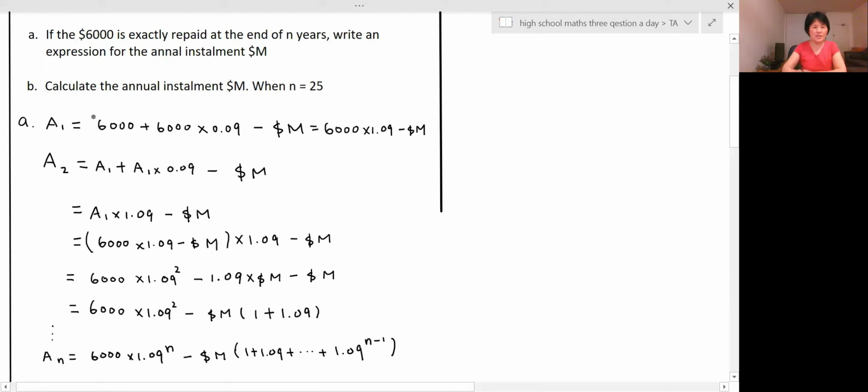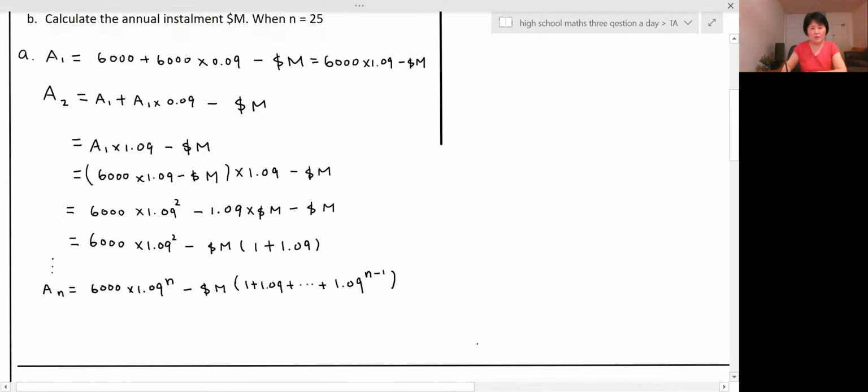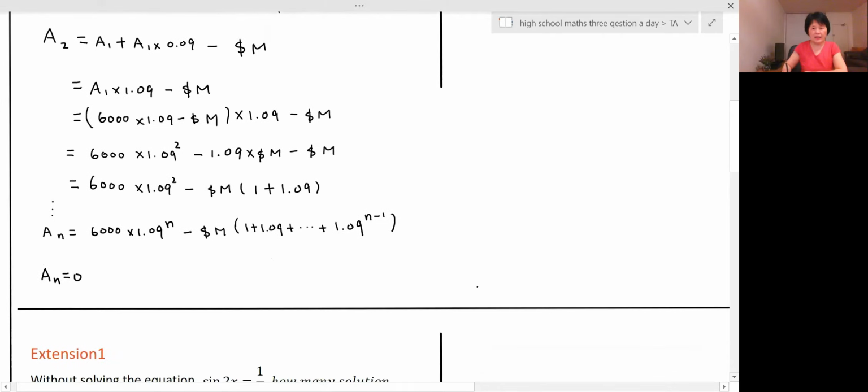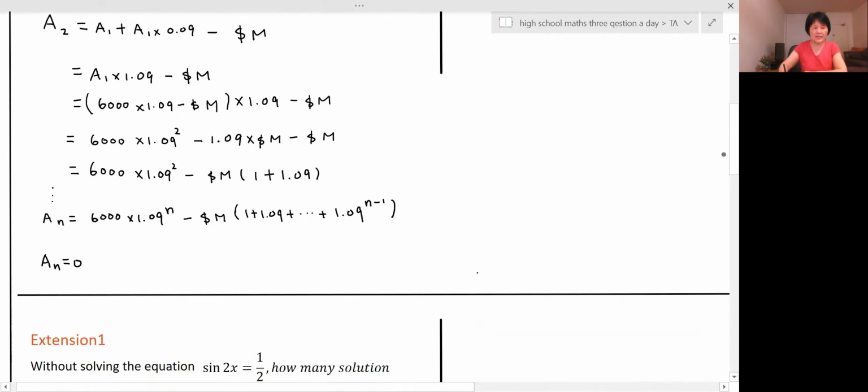So the question said, if the 6,000 is exactly repaid at the end of the N years, okay. So in this case, it means the balance will be equal to 0. Okay, when at the end of the N years, pay off the loan.